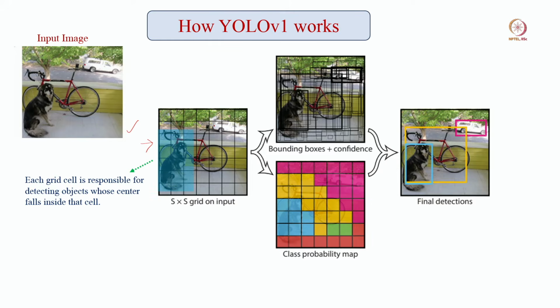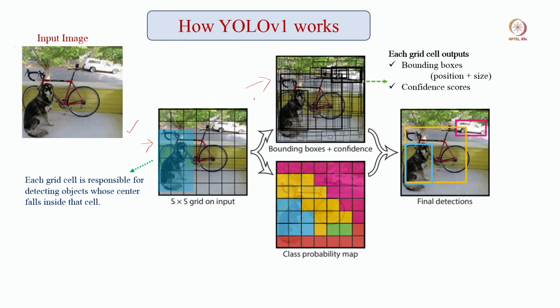Now, I have highlighted the portion with the dog. Even with only the dog, there are so many grid cells inside the dog's highlighted part. Once we find the grids which have the dog's image, we try to find the bounding boxes, which are shown here.